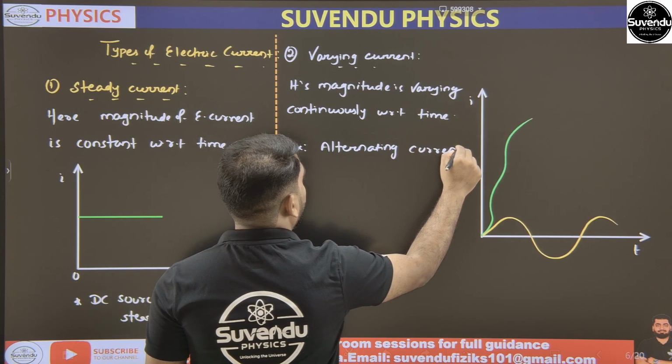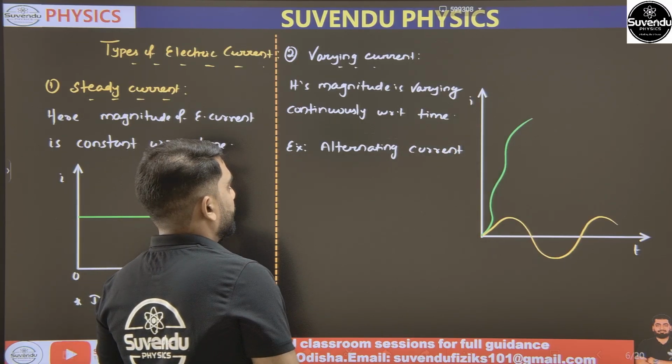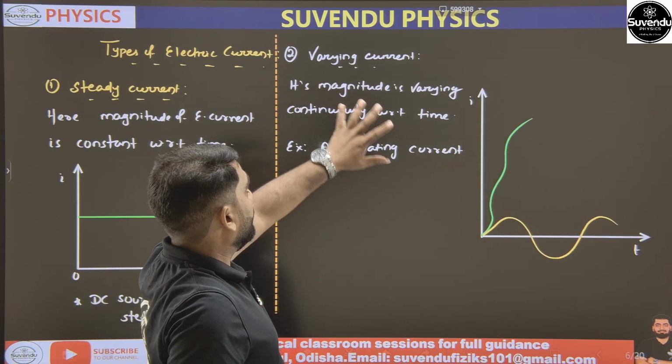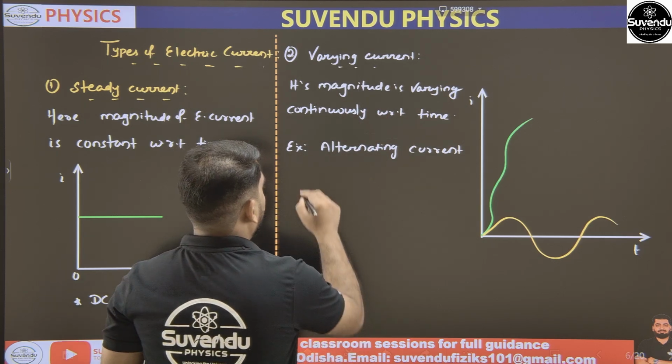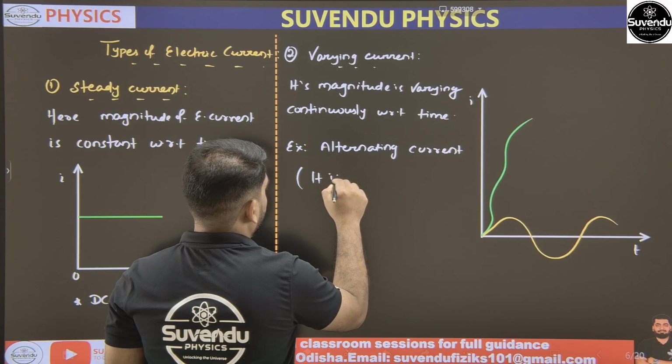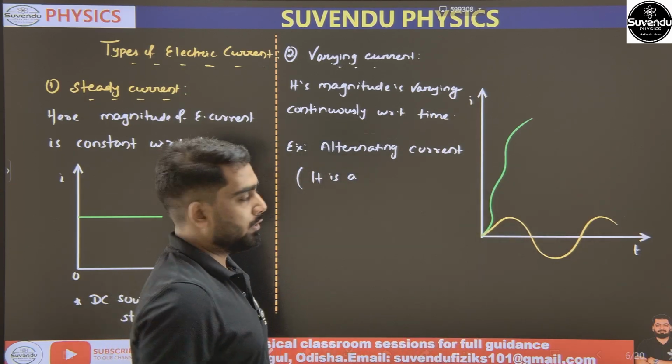In class 12, this is one of our chapters, alternating current. We will discuss it in detail. But for the point of view of our varying current, what will we write? Alternating current. It is a special type of current. The yellow color graph being shown is alternating current.